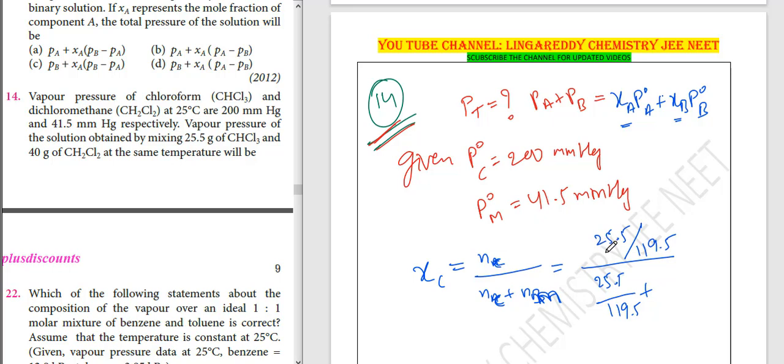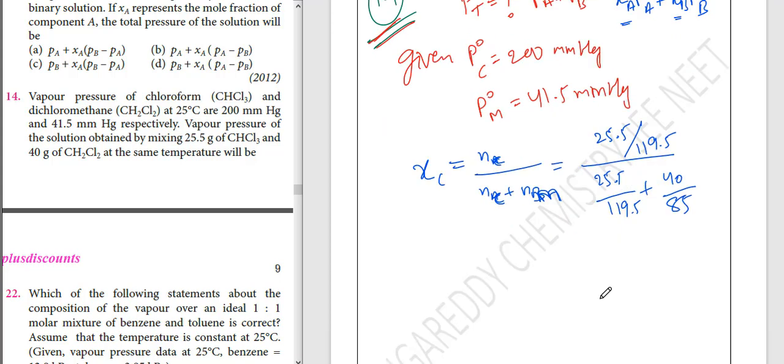Dichloromethane, how much? What is the mass? 40 grams. 40 gram upon 85. Okay, if I do this calculation, number of moles of chloroform, if you do that calculation, approximately 0.2 you will get it.